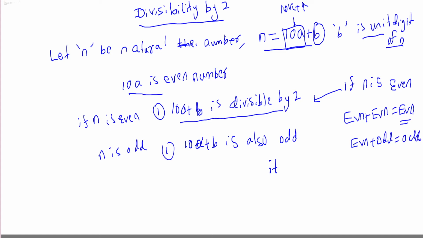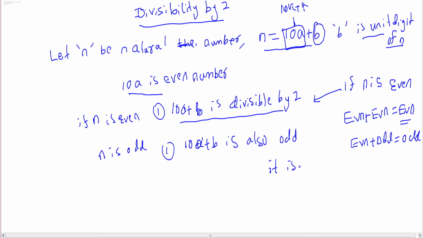Then it is not divisible by 2. It is divisible by 2 only when both this digit and this digit are divisible by 2, then we can get it.